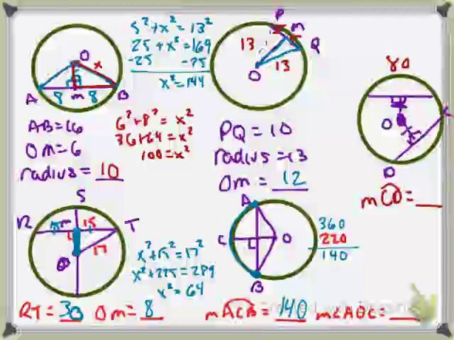Angle AOC. A with its vertex at O, or sorry, did I say AOC? Yep. And out to C. What kind of an angle is that? What's our vocab word for that angle?